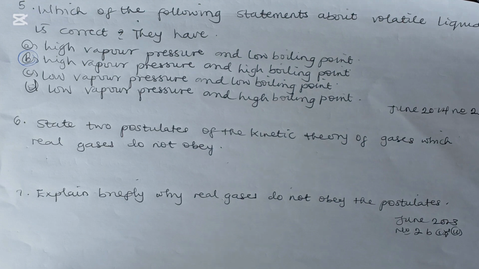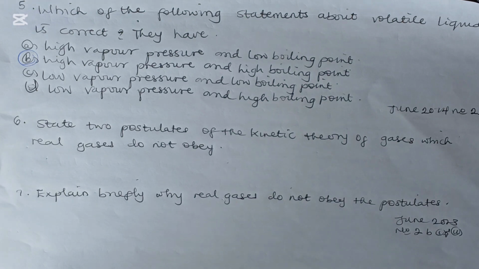They do not fit into the picture of the perfect or ideal gas. They are real gases, and that is why they do not obey the postulates of the kinetic theory of gases.